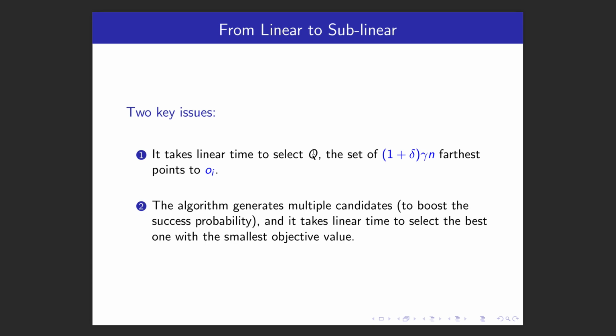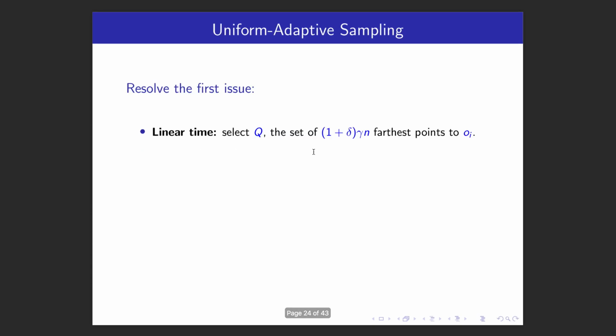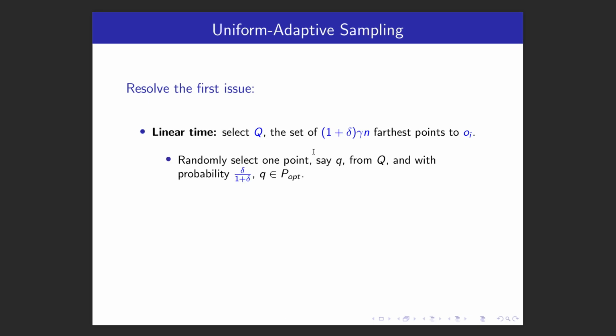So how do we resolve these two key issues? For the first issue, we introduce a new idea, which is called uniform adaptive sampling. Let me recall the linear time approach. Basically, we select the big Q, and we randomly select one point, small q, from big Q. And as I just mentioned, with probability delta over 1 plus delta, the small q belongs to the set of optimal inliers.